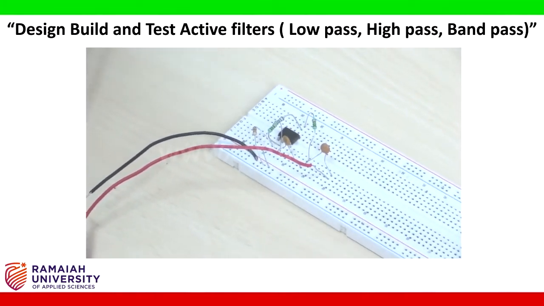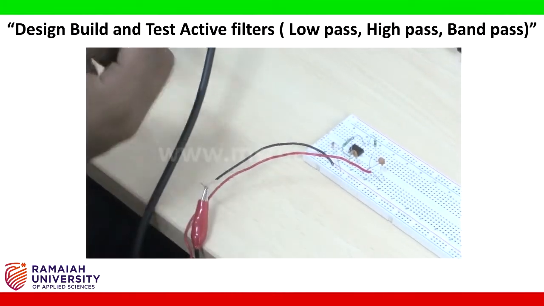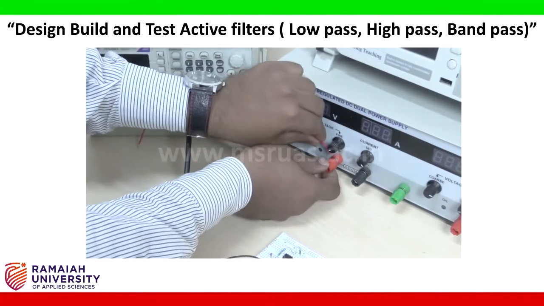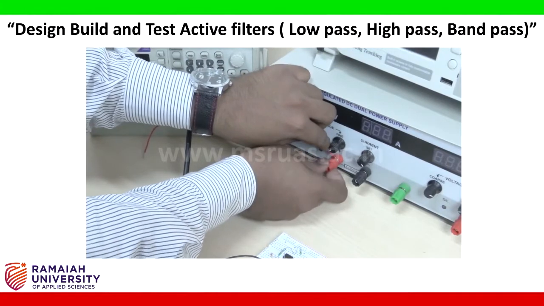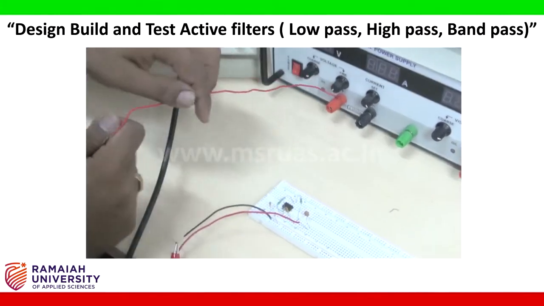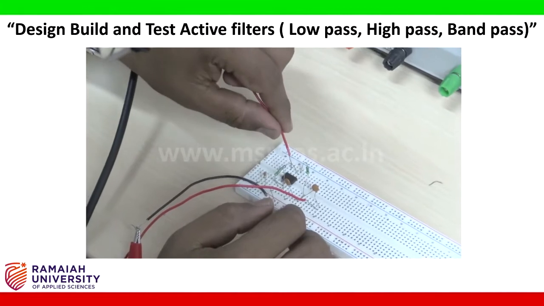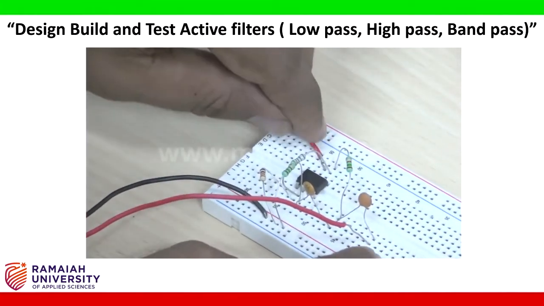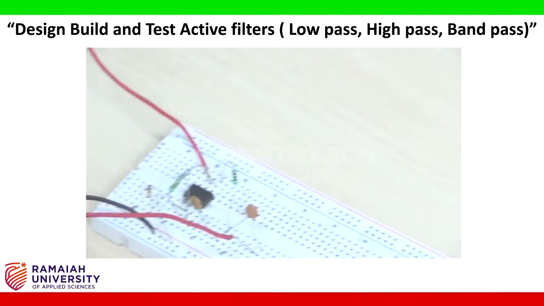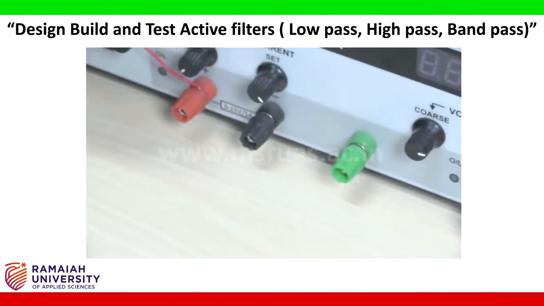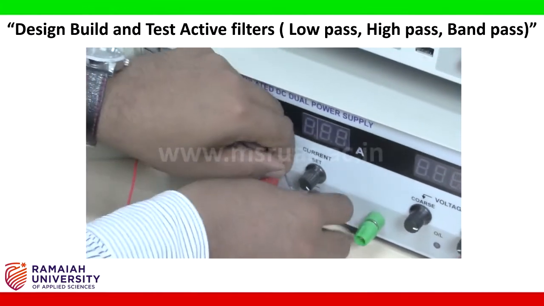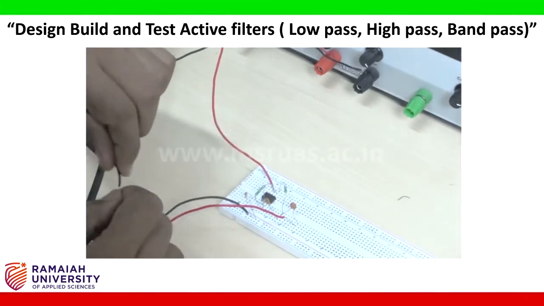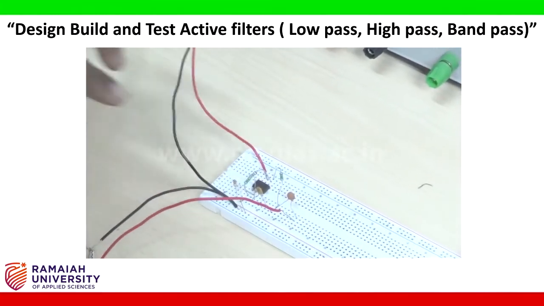Now I am going to connect the DC regulated power supply. So the positive end will be given to pin number 7. This is pin number 5, 6 and this is 7, and the negative end I will put to ground.